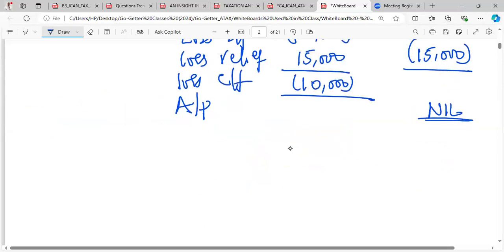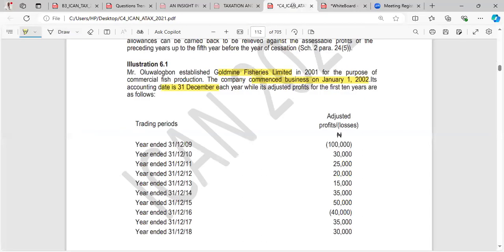Then we go to 2015. 2015 year of assessment, that should be from January 1, 2014 to 31st December 2014. What were we given? We were given 35,000. That's good.